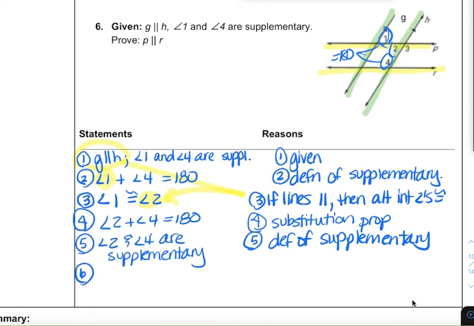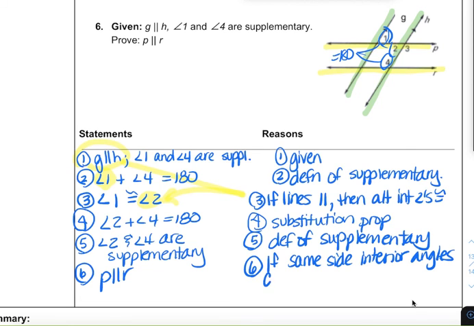The goal, remember, was to say that P is parallel to R. Now here's why I had to change it back to supplementary. The theorem does not say if same side interior angles equal 180, then lines are parallel. That's not what the theorem says. The theorem says if same side interior angles are supplementary, then lines are parallel.